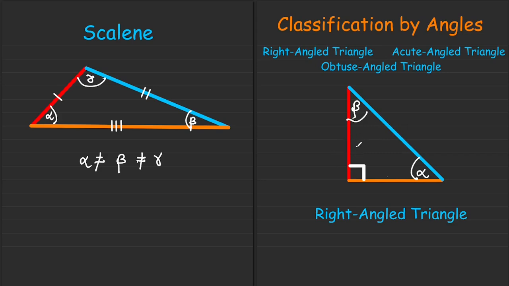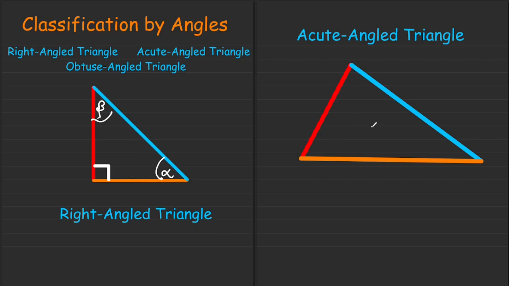The next type of triangle is an acute angled triangle. So talking of an acute angled triangle, let's take note of this. If you have an angle over here, let me call this angle alpha, and then beta, and then gamma. Now, if all these angles measure less than 90 degrees, then we say we have an acute angle triangle. Remember, an acute angle is just any measure of an angle that is greater than 0 but less than 90 degrees.